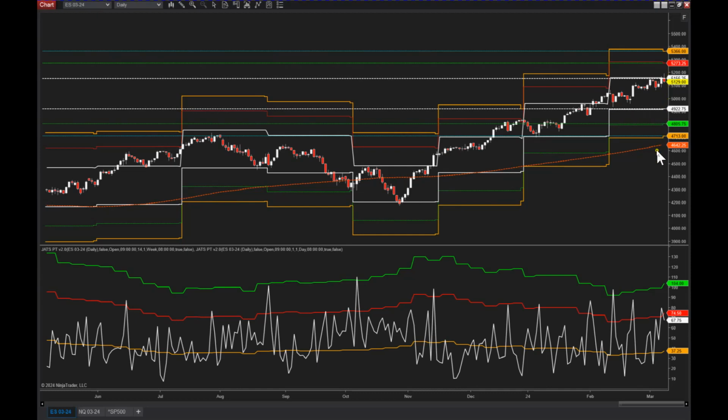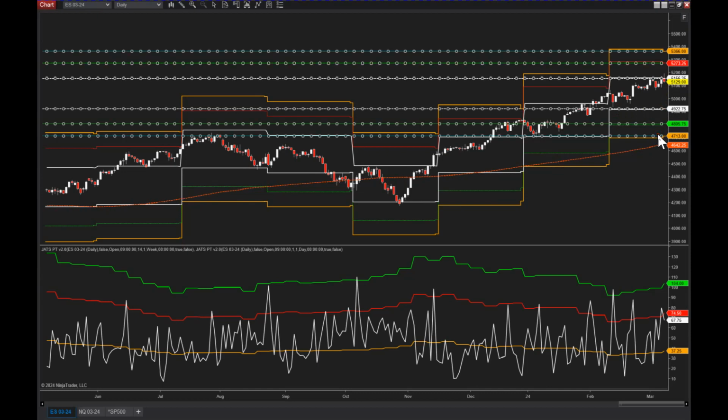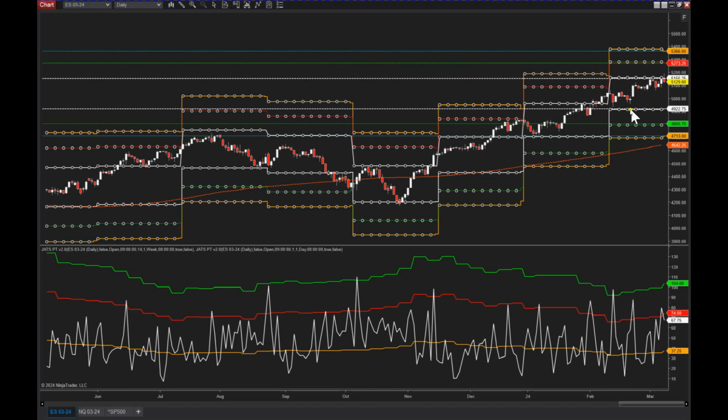So I think eventually during OPEX and expiration we could see the downside of this range or bounce on the 49.20 area.